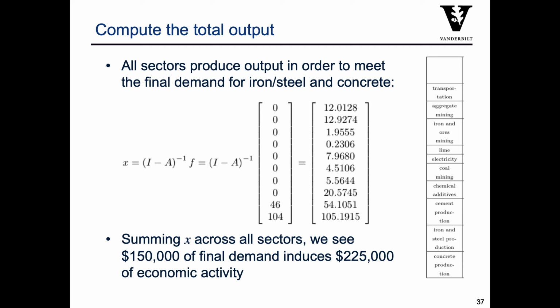Where economic engineering comes into play is to say that, well, rather than building a $150,000 roadway, what else could I have built? Could I have spent my $150,000 in a different way, by spreading it across these different elements in the final demand, or bundling it into only one of them?